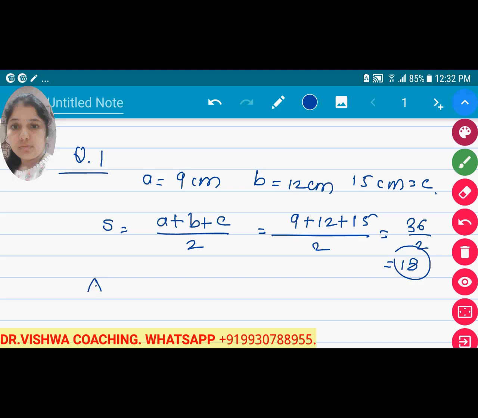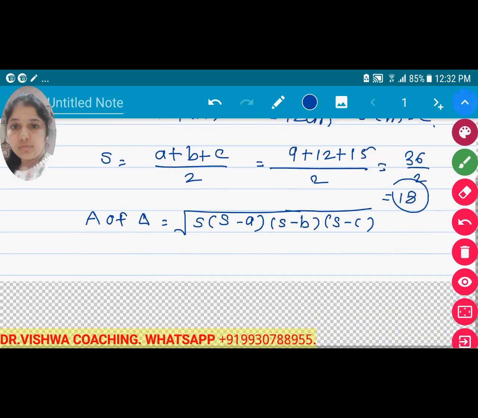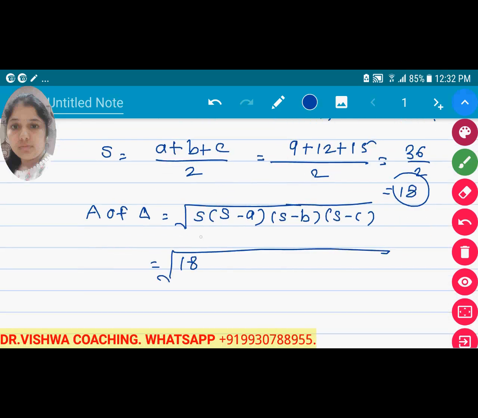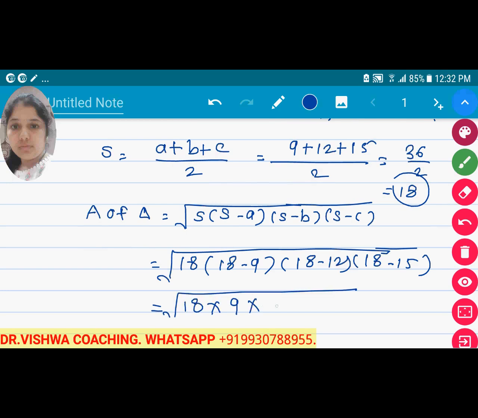Now find the area of the triangle using the formula, the square root of s into (s minus a), (s minus b), (s minus c). Putting in the values, s is 18, into the root of 18 minus 9, 18 minus 12 and 18 minus 15. So you get 18 multiplied by 9 multiplied by 6 multiplied by 3.